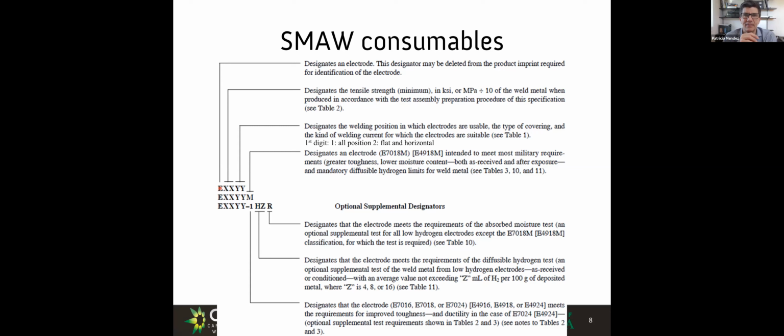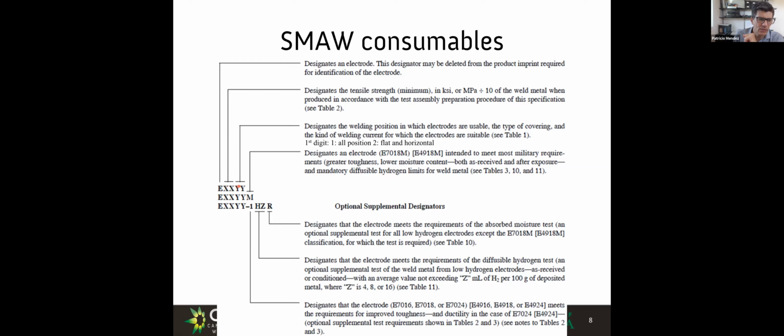In this case, in stick, it is a finite length, but it's an electrode and we call it E. And what follows is 2 digits that are the KSI of strength of the weld done under standard conditions. So we would have something like E70 something or E60 something. Those who weld already know where I'm going.